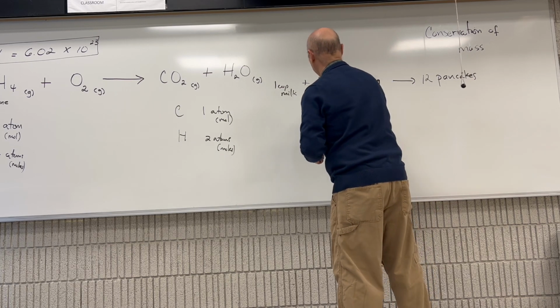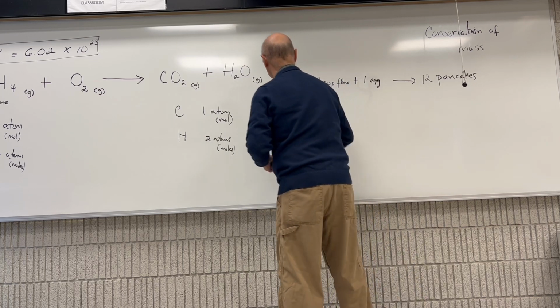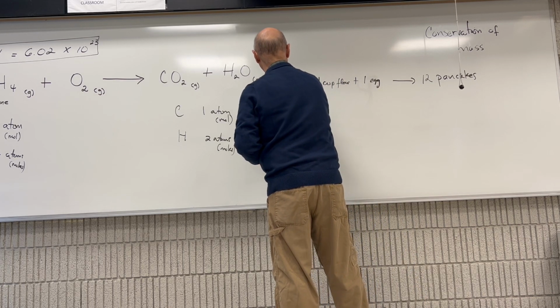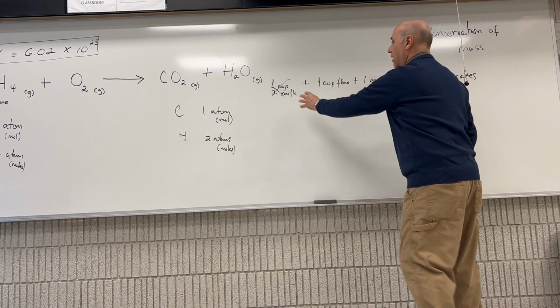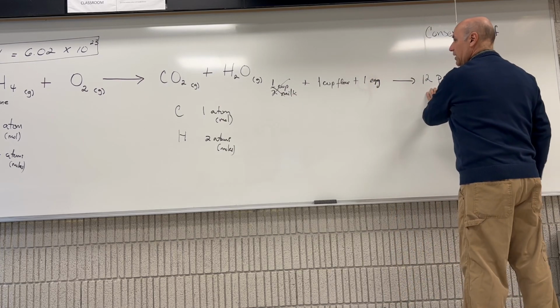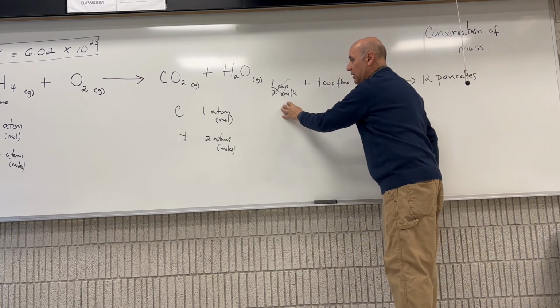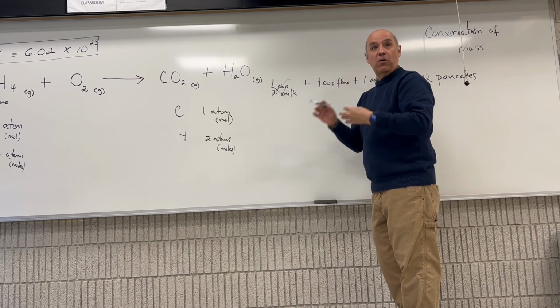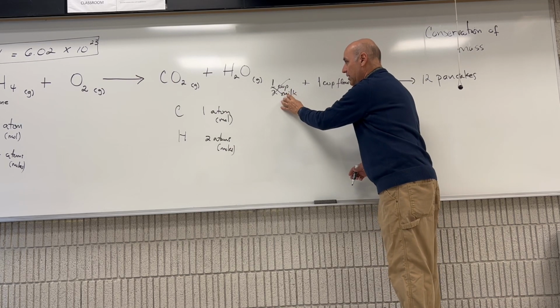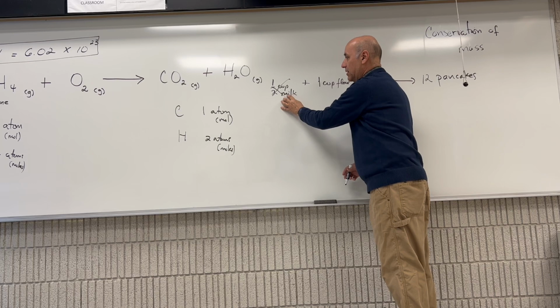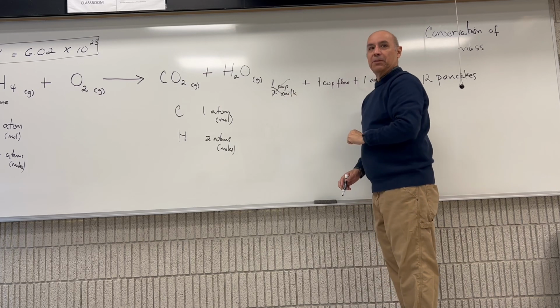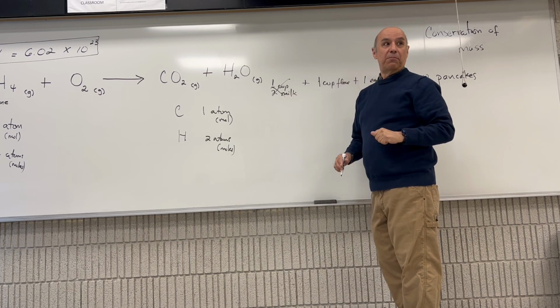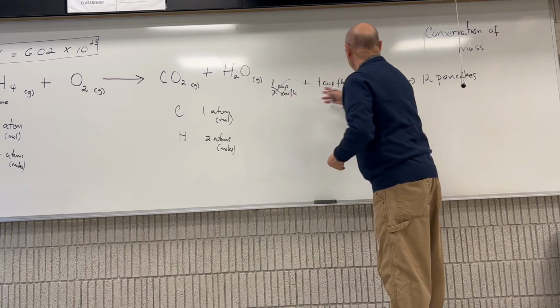But if I only have 1/2 cup of milk, I don't have enough to make 12 pancakes. I need to fix the recipe and say, no, I need 1 cup. This recipe as written is wrong. I have the right ingredient, milk, but I need 1 cup, not 1/2 cup. So I fix that, and that balances that.